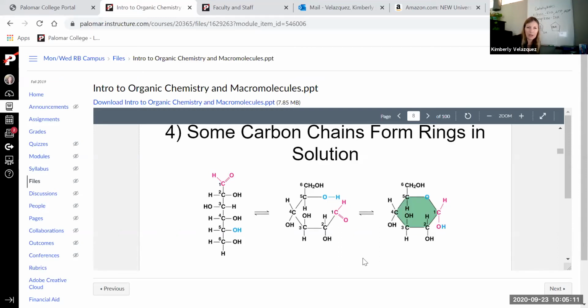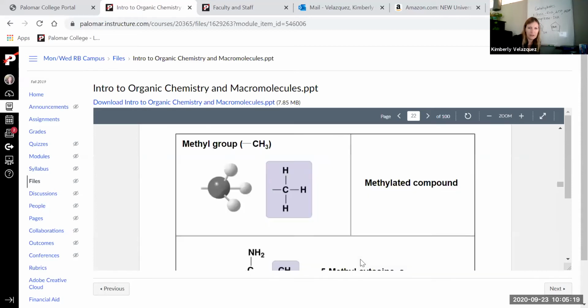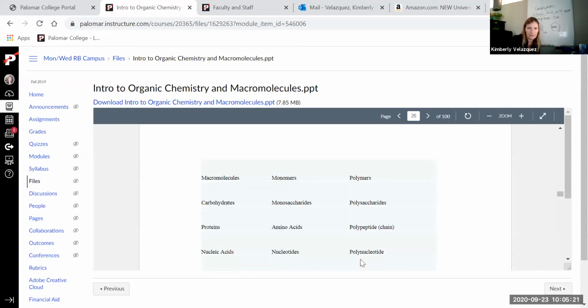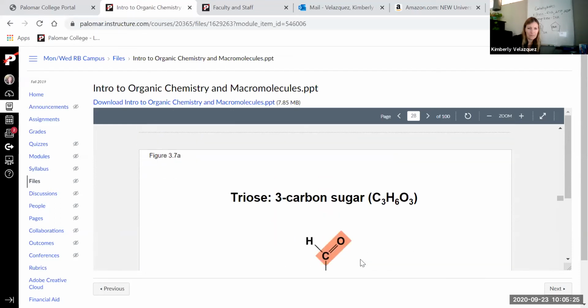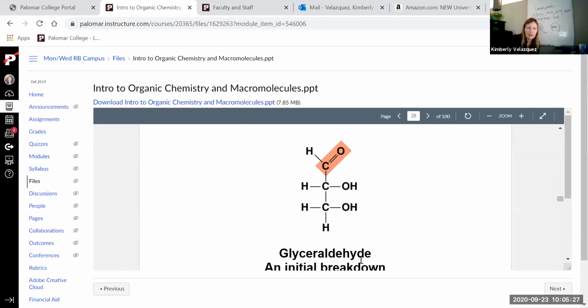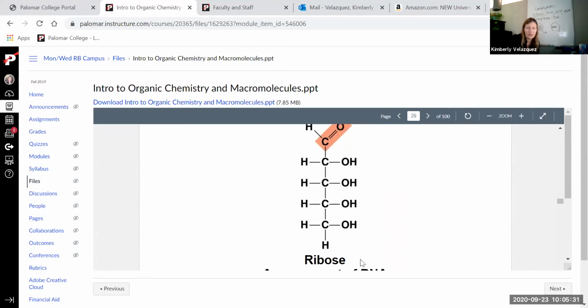So when we're talking about ribose and deoxyribose, let me get to the sugars here. Polysaccharides. So this is ribose in its linear form. When it forms a ring, we don't draw all those carbons on the ring.